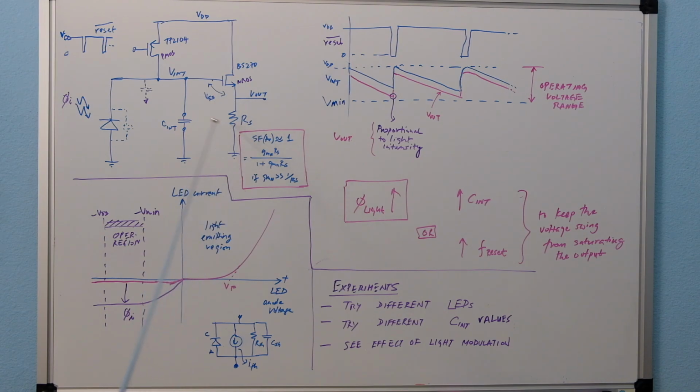So if you take the square root of 200, which is a reduction in the GM based on the current change, you would get a GM for this particular circuit of around 14 or 15 roughly millisiemens, and RS is around 4.7K. So if you take the product of that, this is close to 100, and basically the 1 will drop out of the equation and you get a gain of approximately 1. Actually in this case it would be 0.986 or 0.99 almost. So effectively you have a gain of 1.